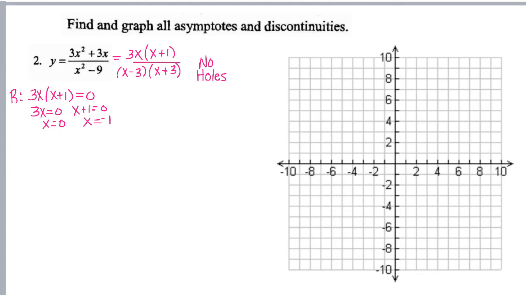Okay, and then we would also then go to A, and A would be our bottom equal to 0. So we're going to have x plus 3 equals 0, and x minus 3 equal to 0. And so we would have the asymptotes x equals -3 and x equals +3. Now for our T in this process, we do not have any squared terms in our factored form, so T would be none.